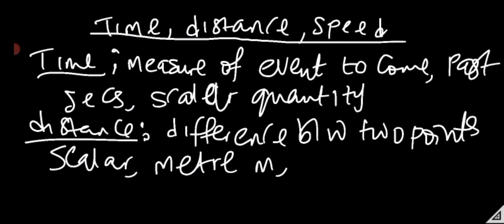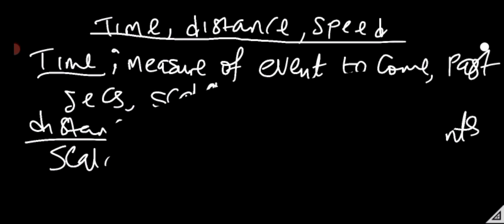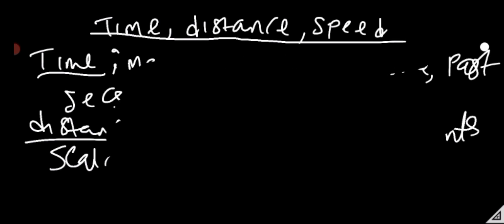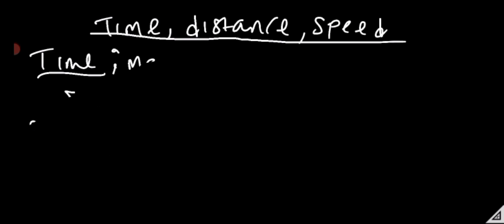Alright, so let's talk about speed. What is speed? Speed is defined as the rate of change of distance. Remember, we are doing O level revision, so I won't go into much detail. I'll just give you the main point.